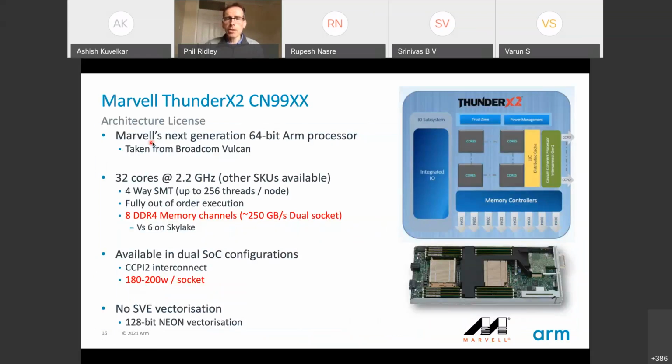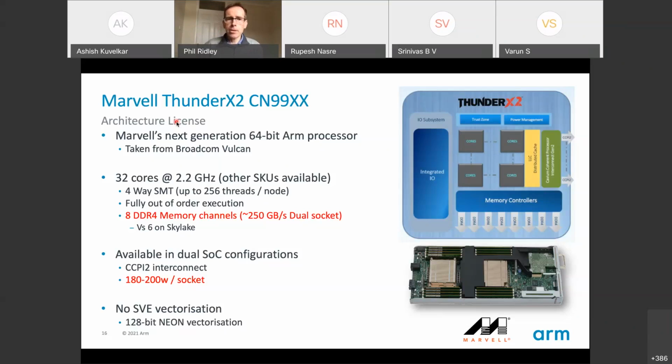So going back to one of those processors, the Marvell ThunderX2, I'll describe more now about the architecture itself. It's been around now, I guess around 3 years or so. It was designed to compete with, well, one of the aims was to compete with Intel Skylake, and to do that, it had to have very good memory bandwidth capability.